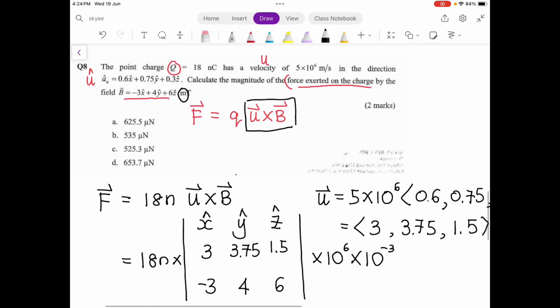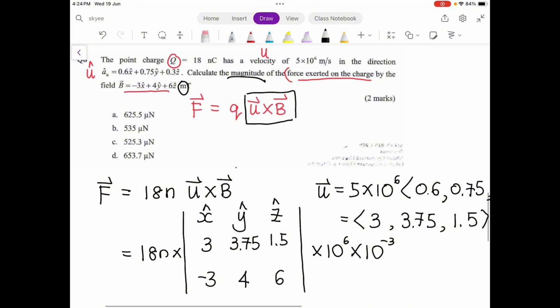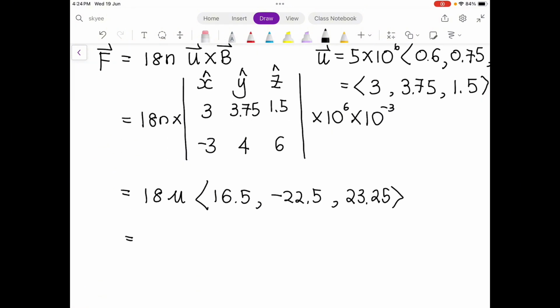Okay, so they are asking you to find the magnitude. Magnitude means you need to multiply inside. So 18 multiply, so it's 297, minus 405.